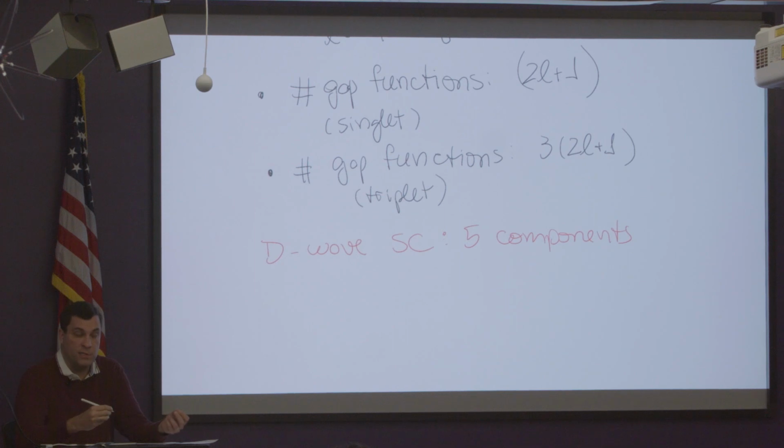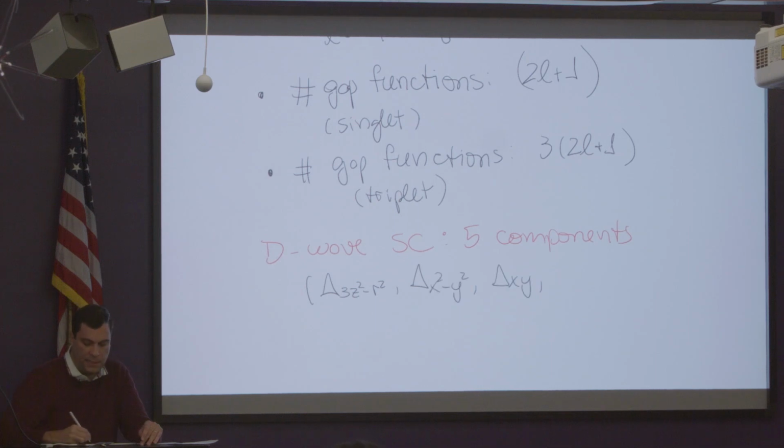So the 5 components are 3z squared minus r squared, x squared minus y squared, xy, xz, yz. So I need these 5 components to describe D-wave superconductors.